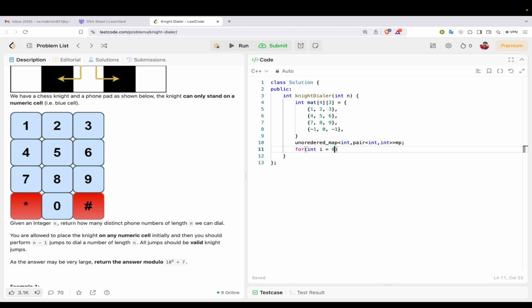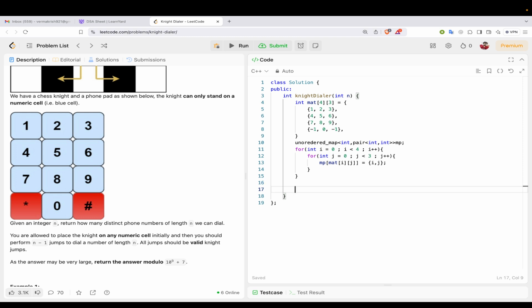I will traverse over this matrix with i plus plus, and for int j equals 0, j less than 3, j plus plus, MP of mat of ij. For that particular number I am storing the coordinates, because I need the coordinates on this board. Now we have prepared these two things.